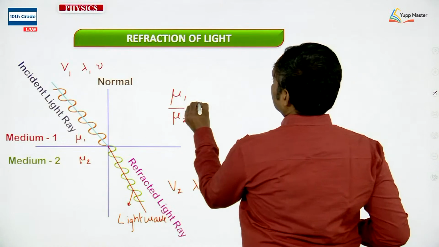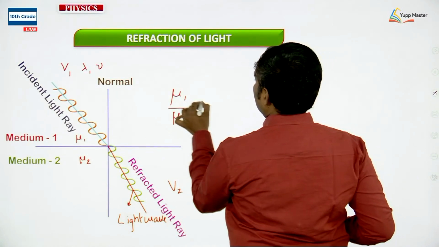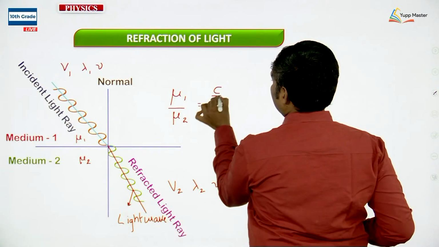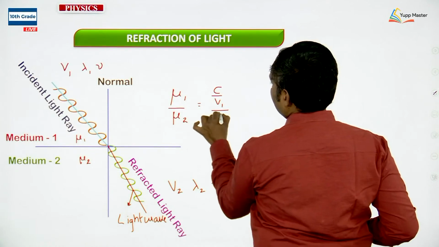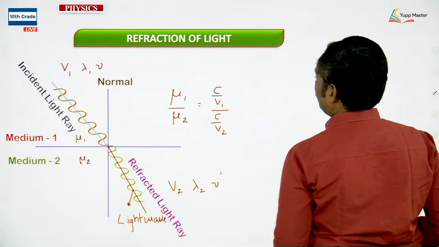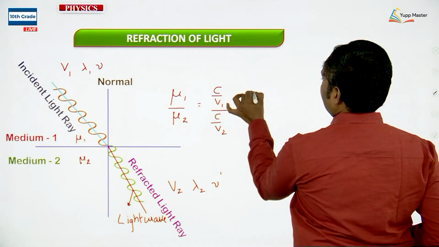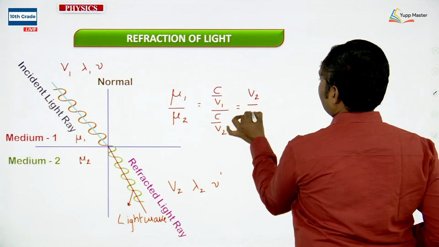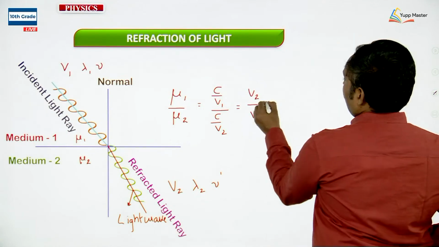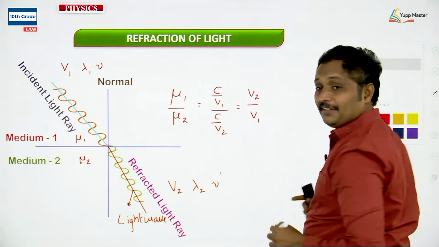You will confirm that it is the ratio C by V1, C by V2. Now at the same time, this is V2 by V1. And you know very well what you have learned in the previous classes.